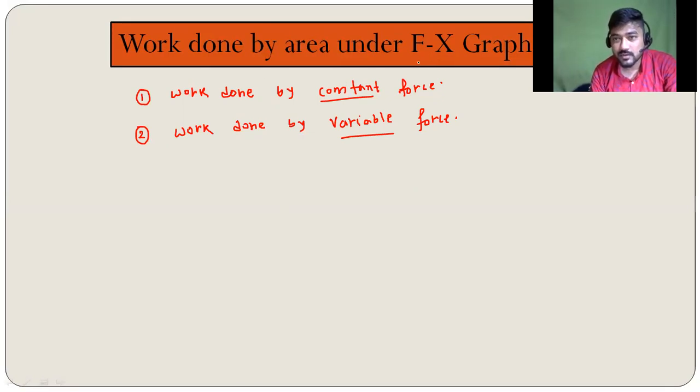So if we are able to draw the curve between F and x, the expression of force, obviously here the force will be dependent on x, and if we calculate the area under the F-x graph, then it will automatically give you the work done.